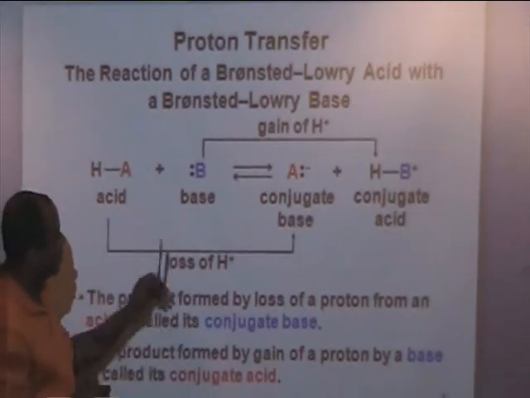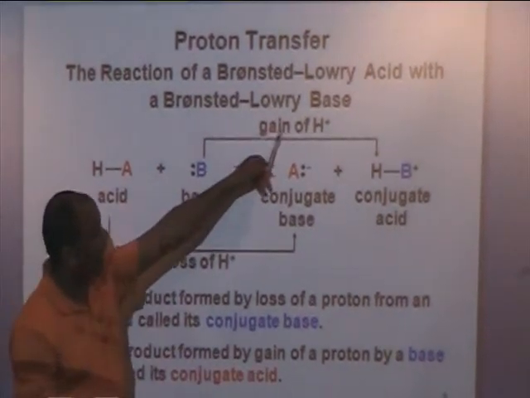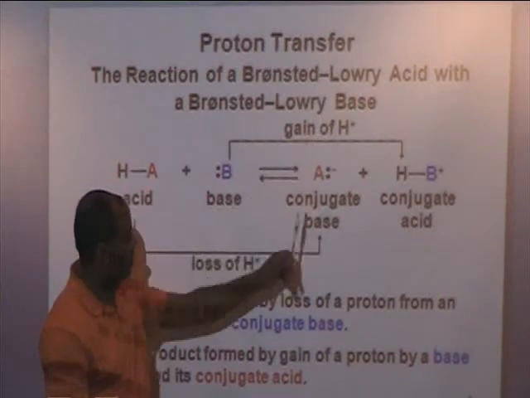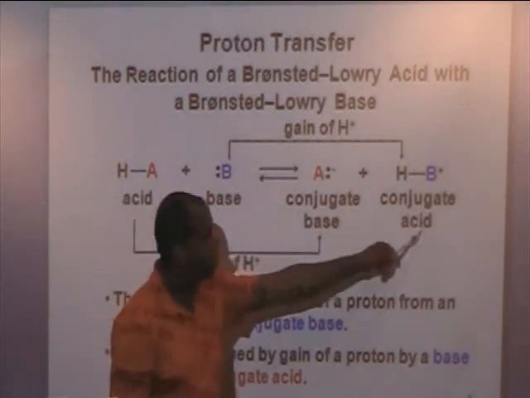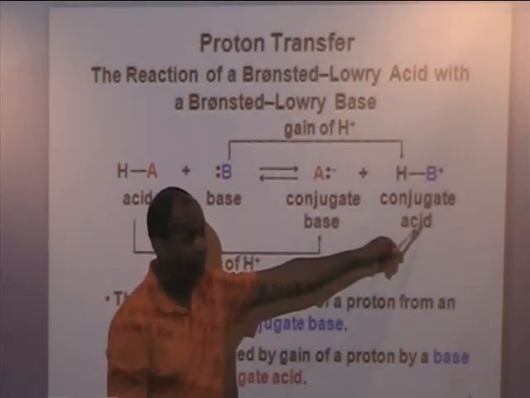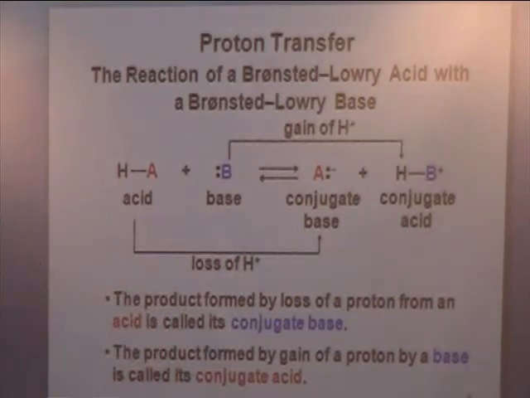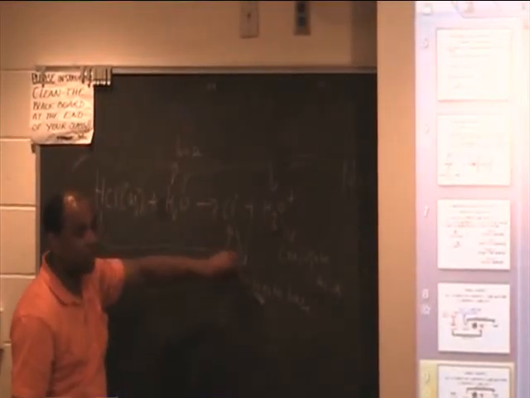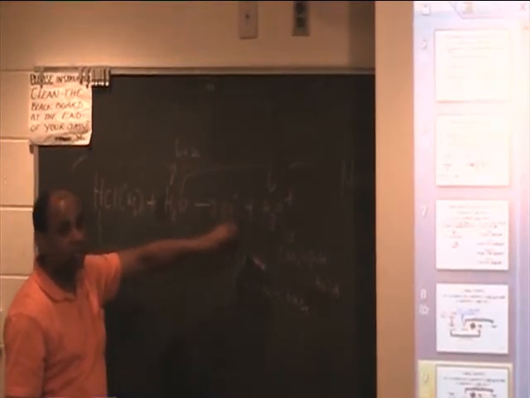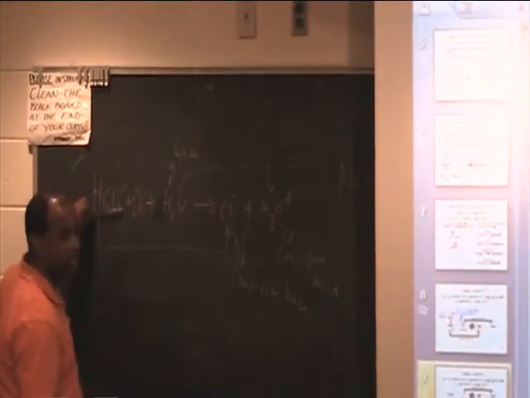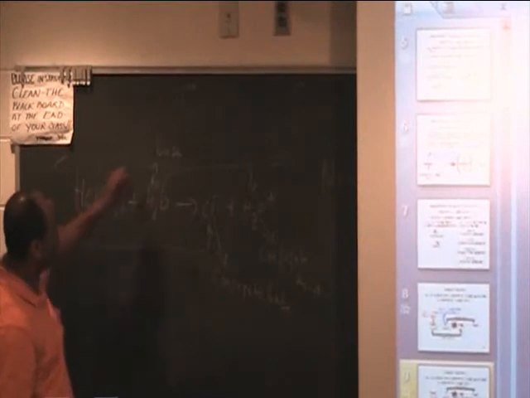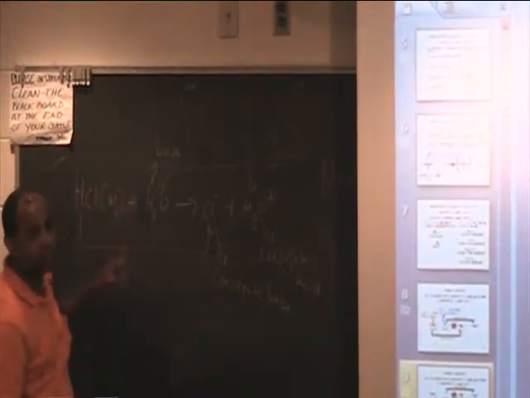So from the base, because it gains a hydrogen ion, it becomes a conjugate acid. In this case, the conjugate acid is H3O plus, and the conjugate base is chloride. The conjugate base is born from the acid, okay? The conjugate acid is born from the base, okay?